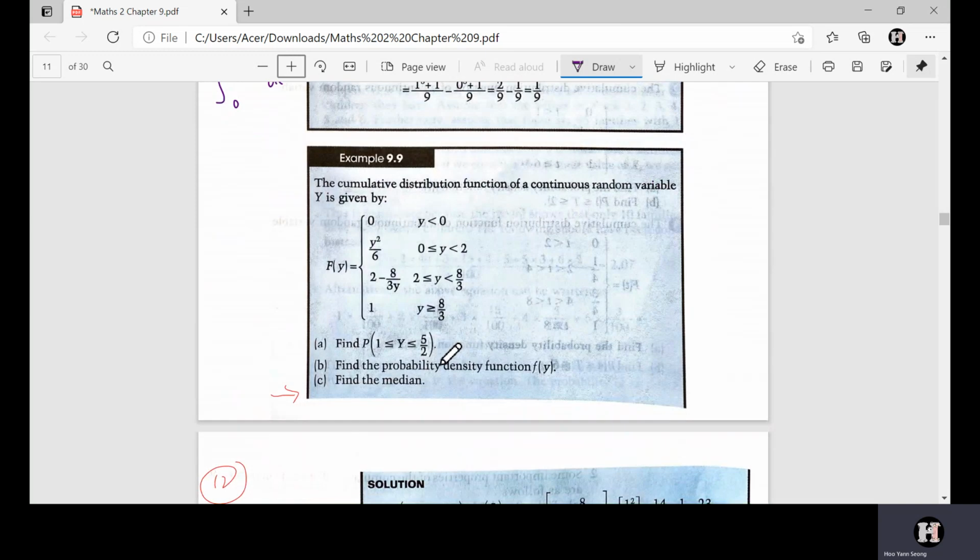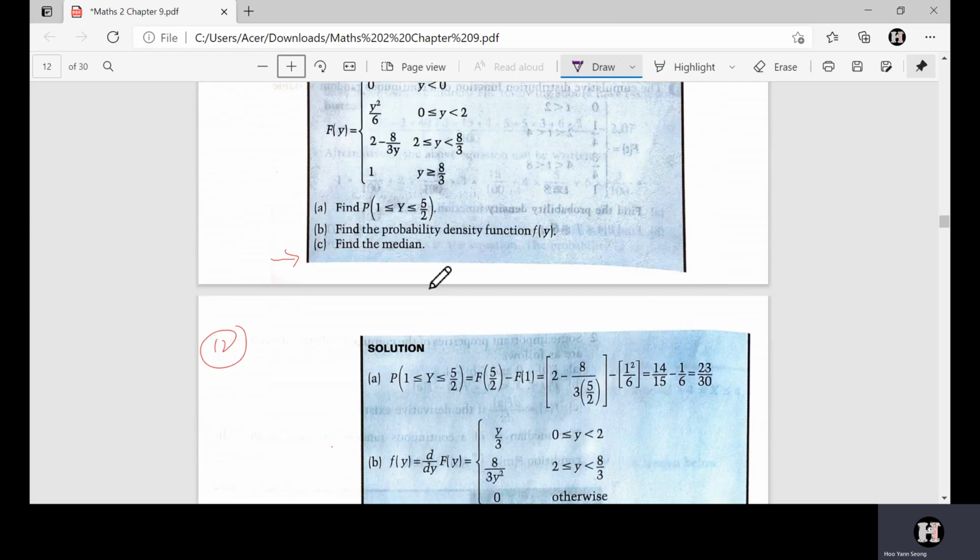So what they do is they take the F of 5 over 2 minus F of 1. 5 over 2 is 2.5, so it is located here. You substitute into over here, minus where the 1 comes from, the y square over 6, substitute 1 inside, so you get your answer.